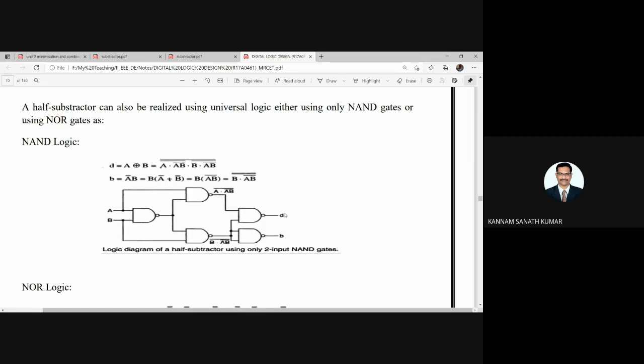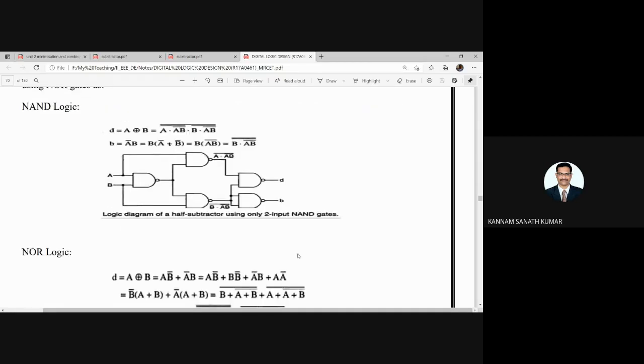And on this side, B into AB bar whole bar is given to one more NAND gate, which is nothing but an inverter with inputs tied together. So here you are getting the borrow: borrow equal to B into AB bar whole bar whole bar. This is the logic diagram of the half subtractor using only two-input NAND gates.